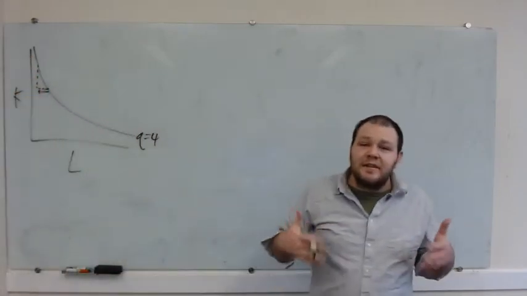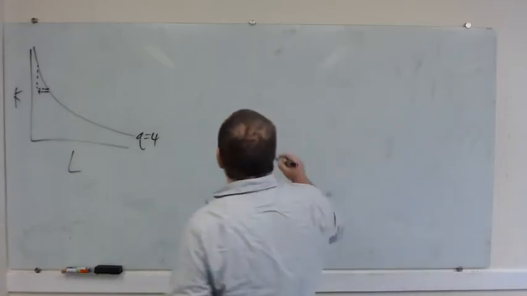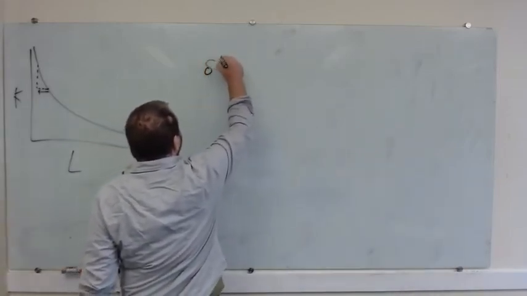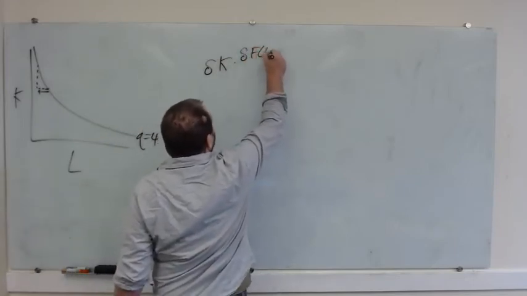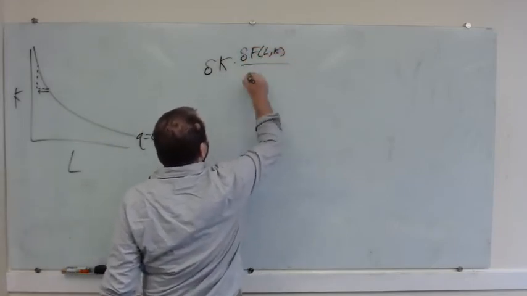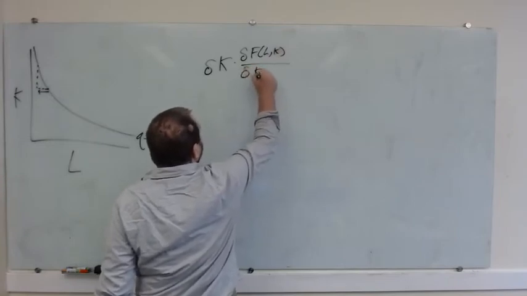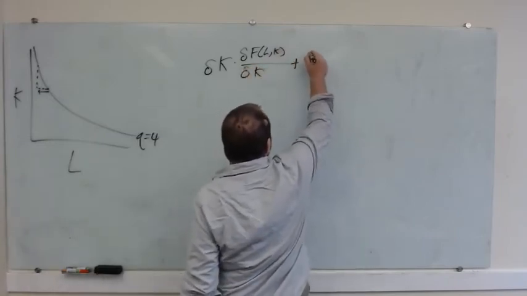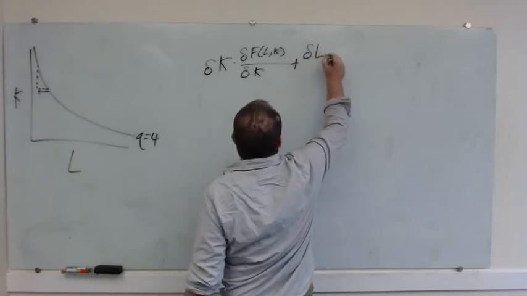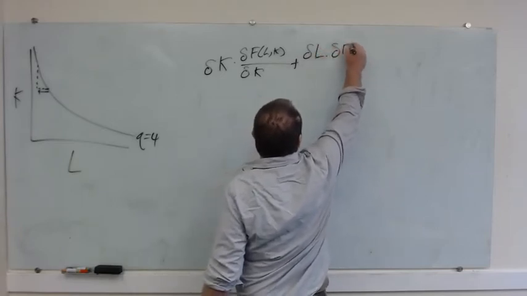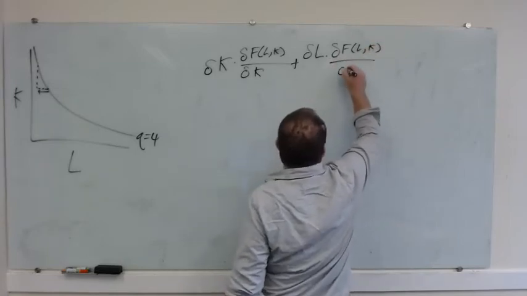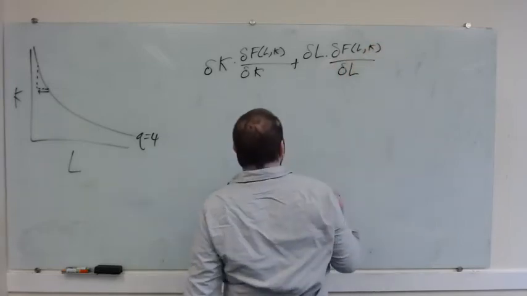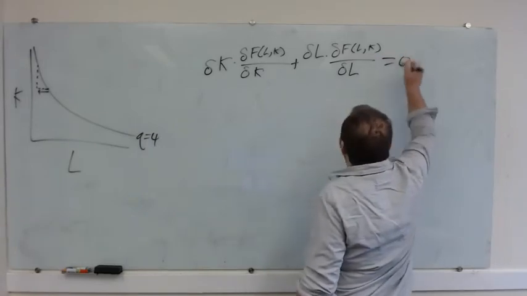So if we're thinking about this on the margin, what we can say is our change in capital times the change in output that results from a change in capital, plus the change in labor times the change in output that results from a change in labor, has to equal 0.